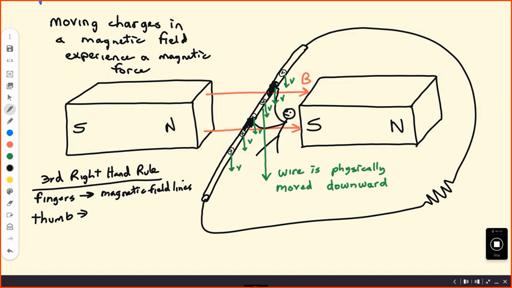It's going to go in the direction that the charges are being physically moved. And then the palm ends up showing you the direction that each one of those little charged particles is going to experience a force.